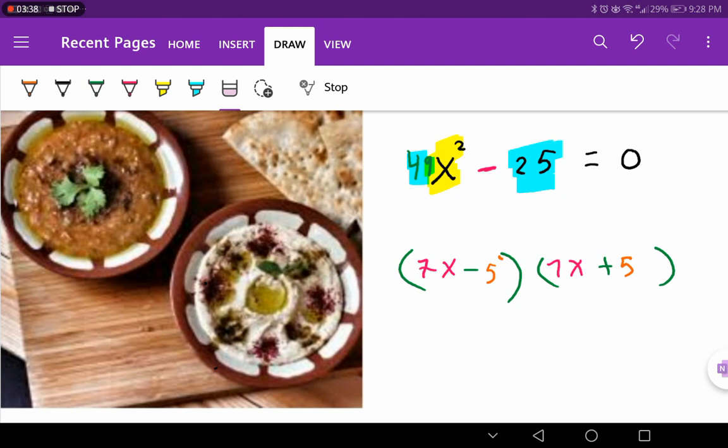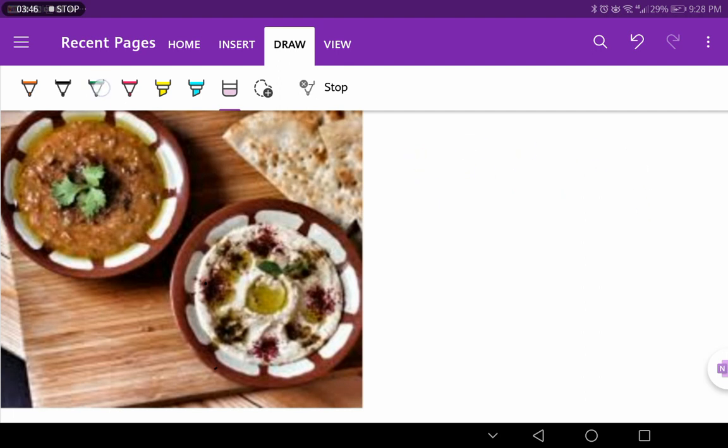Me too. Okay, now I will play a trick on you. See, the same question: 2x squared minus 50 equals 0. Teacher, you tricked us, it is not the same question. No, my dear student, it is the same question.